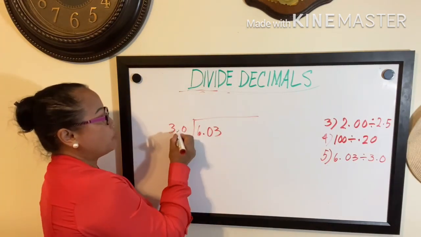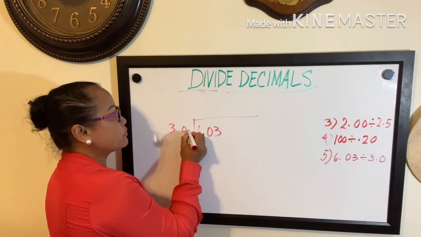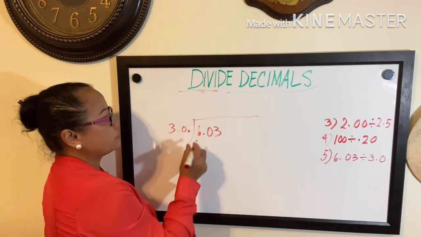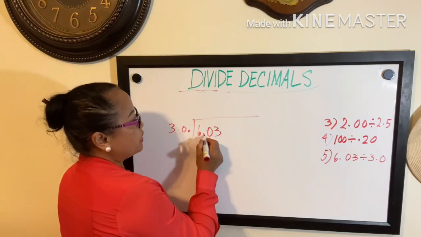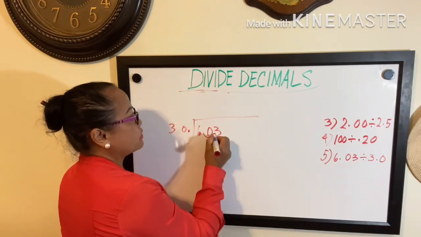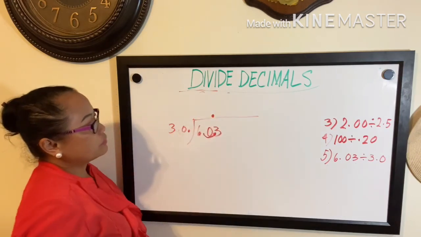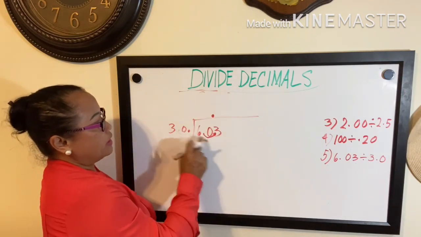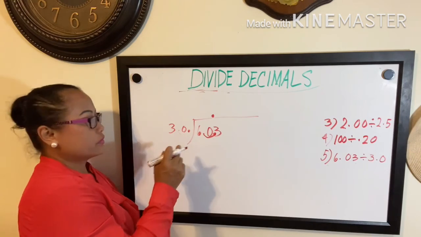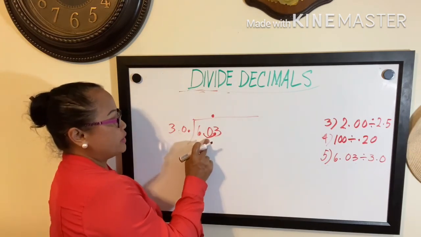Okay, move the decimal point here to the right. Make it a whole number. Move here 1 place because we moved there 1 place. And after that, straight in here. So now we have 60 and 30. So 60 divided by 30.